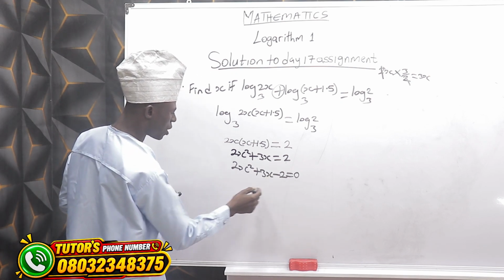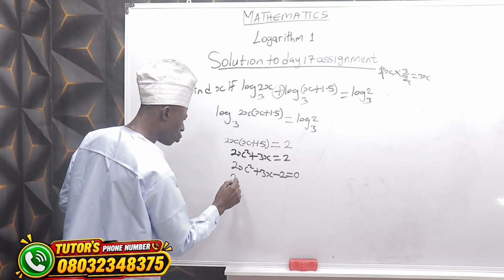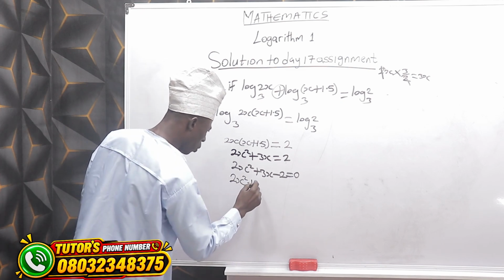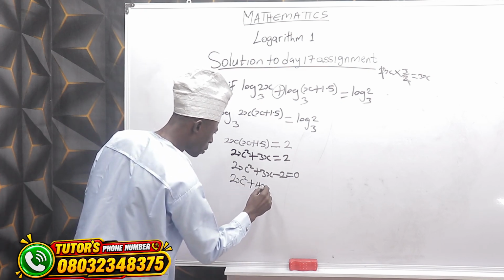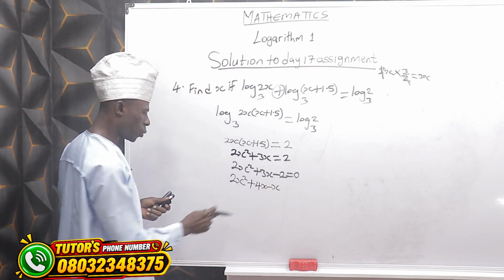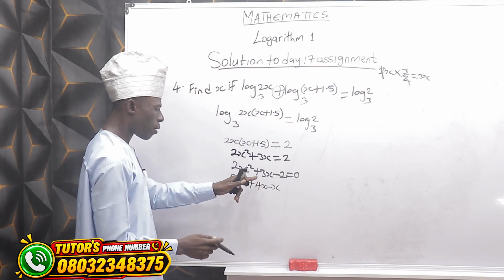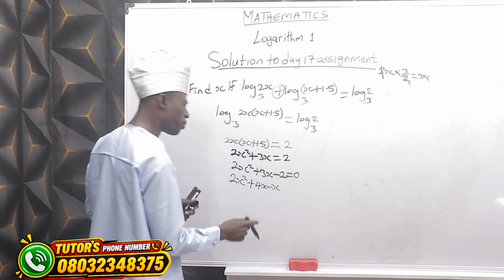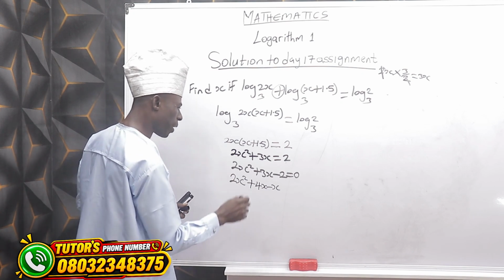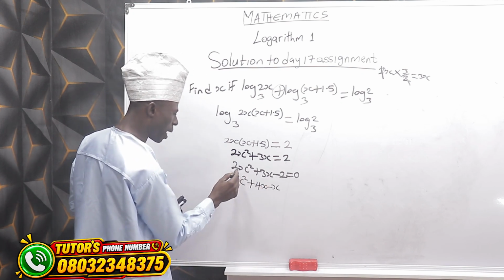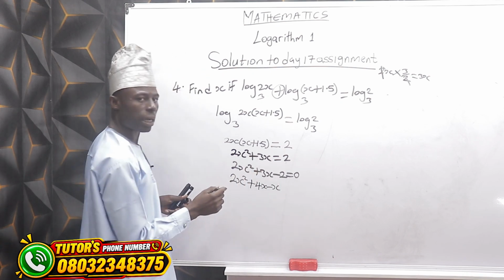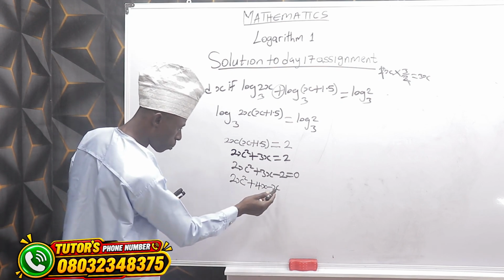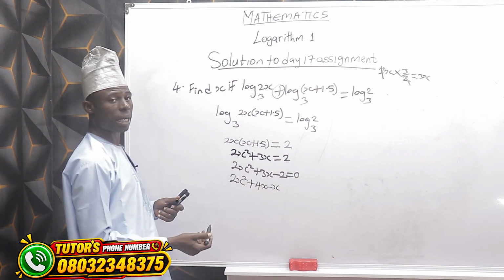So, solving this quadratic equation, we have 2x squared plus 4x minus x. Plus 4x minus x gives plus 3x. And plus 4x times minus x gives minus 4x squared, which we have if we multiply this first term and last term together. 2x squared times minus 2 gives us minus 4x squared, which is the product of this if we multiply them together.